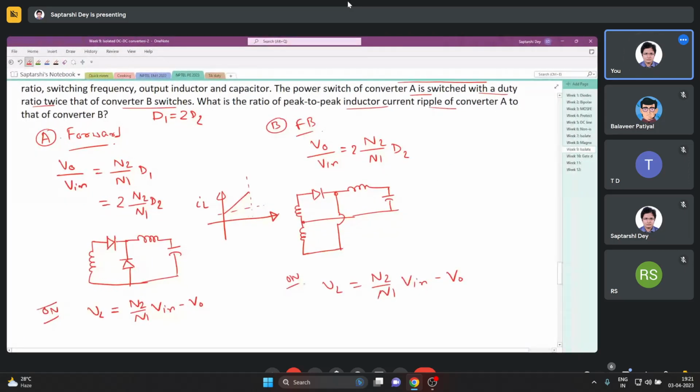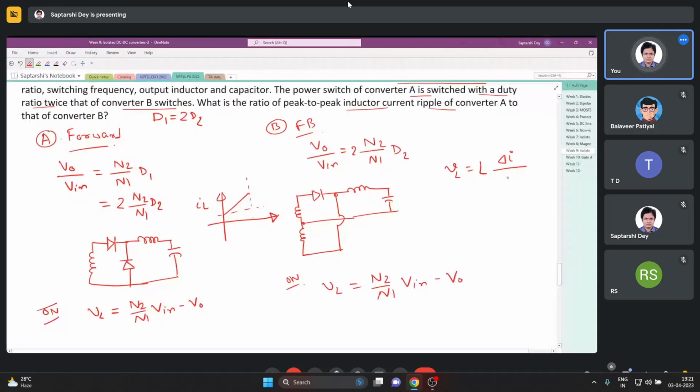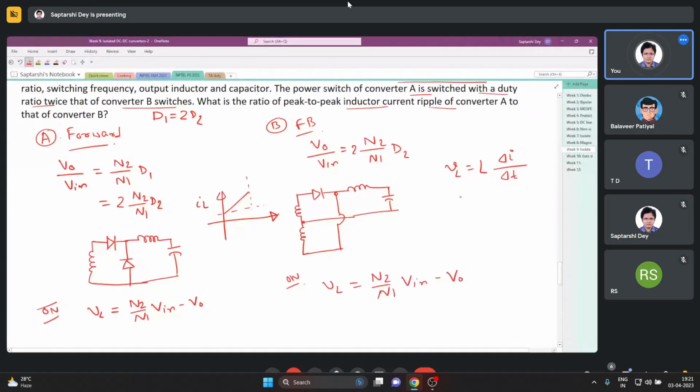We have VL equals L delta I by delta T. This increment is dependent on these three things only: the voltage, inductance, and time, right? Now voltage is the same for both cases. We have seen that because Vin is the same, Vout is the same, and inductance is the same, they have said in the question. So all that remains is time, right?